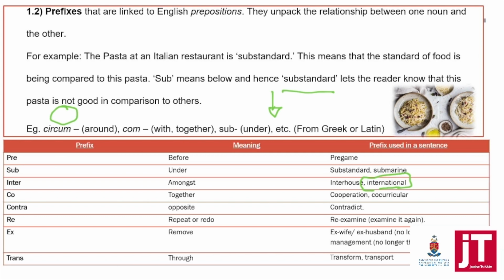Anyway, co means together. Okay, this is my co-worker. We work together for the same company. Cooperation, let's work together. Can I have your cooperation in this? Co-curricular means together with your regular curriculum, we'll have a sports curriculum, for example. Now, contra means opposite.